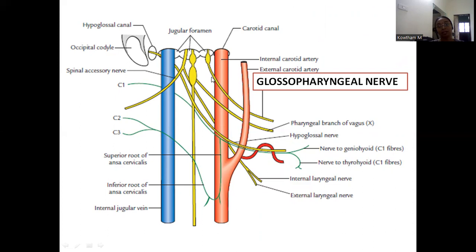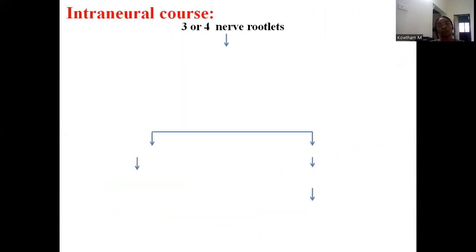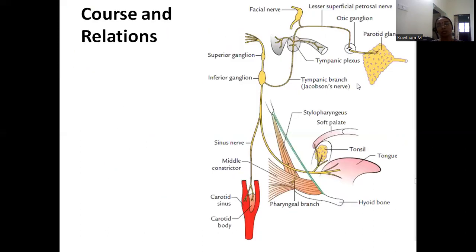Here it crosses the styloid process and the styloid group of muscles. Then, as in the previous picture, it winds around the lateral border of the stylopharyngeus muscle. Then it gives a pharyngeal branch which passes between the middle constrictor and the superior constrictor muscle.